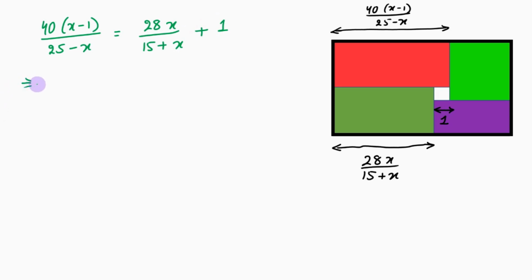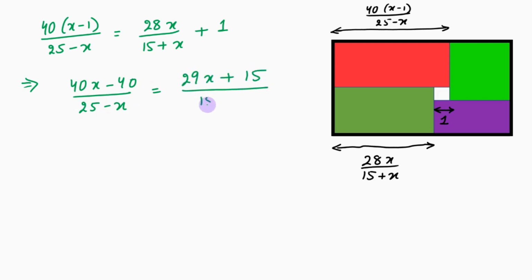Now I am just going to do the calculation once. So this will give us (40x minus 40) upon (25 minus x) is equal to (29x plus 15) upon (15 plus x).